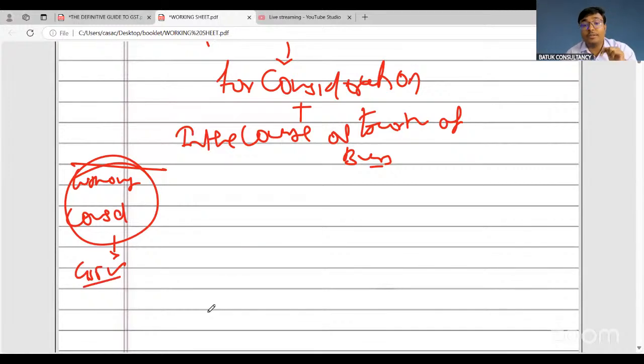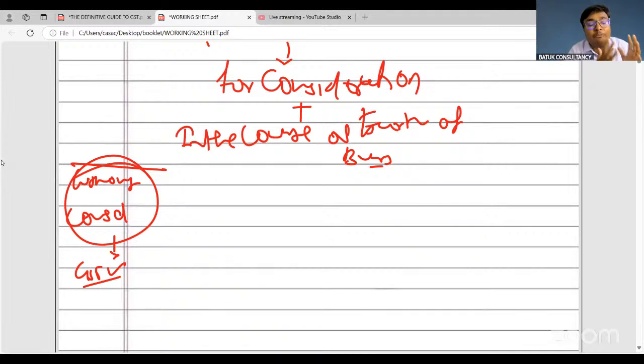If you are transferring certain goods or services without any consideration, then also it will be treated as supply. For that purpose, they have specified certain goods or services, because if they are providing a particular list, they should provide it in a managed way.